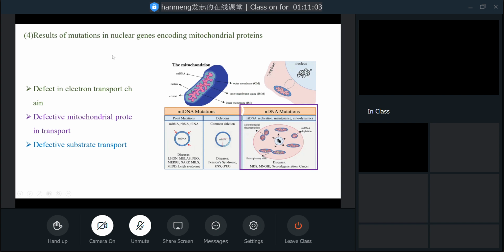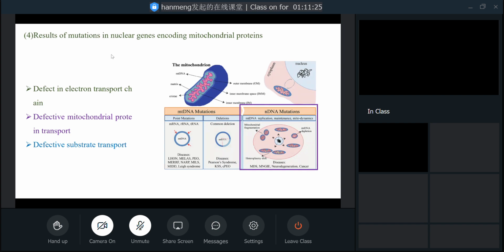We see the mitochondrial DNA genome. The mitochondrial genome is semi-autonomous because it is controlled by the nuclear genome and the mitochondrial DNA.